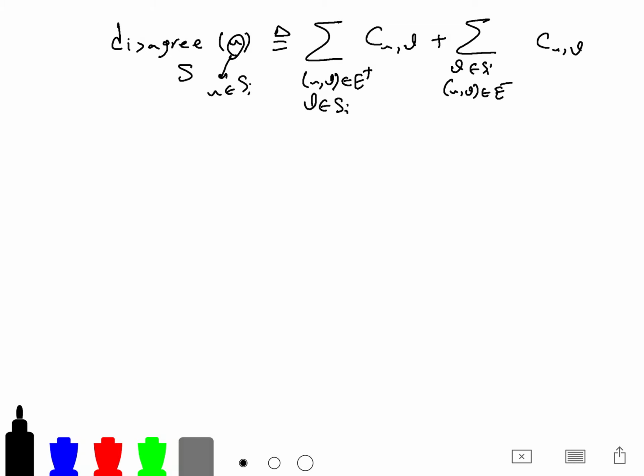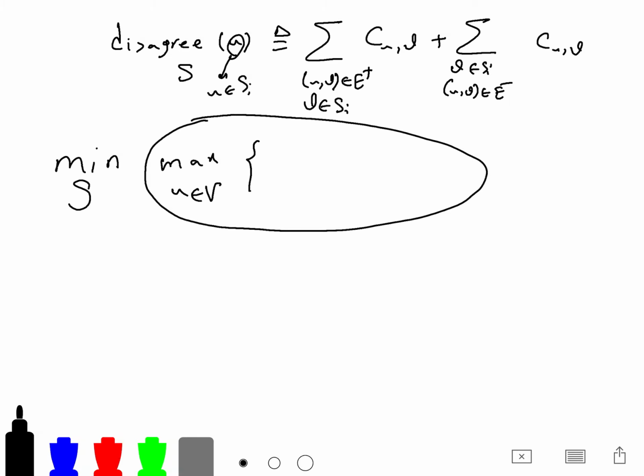So, for example, a good objective could be the minimum over all clusterings S, of the maximum over all nodes. So this is the worst case, because you want to maximize the disagreement over all edges, for all nodes u.